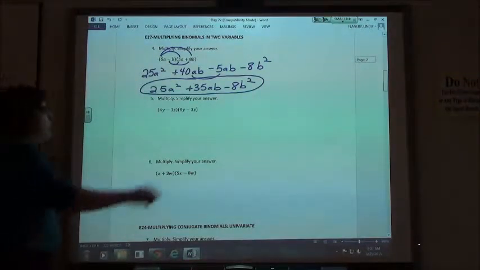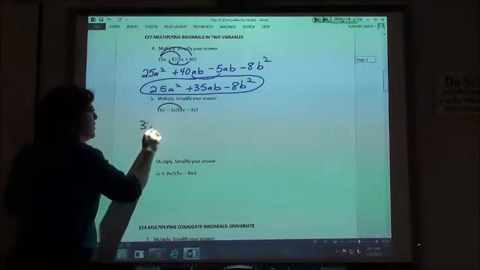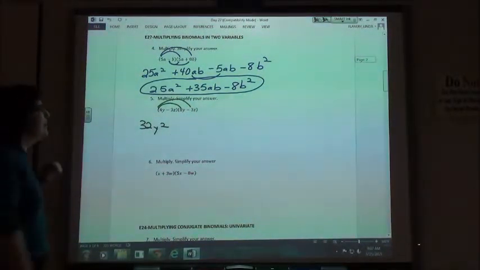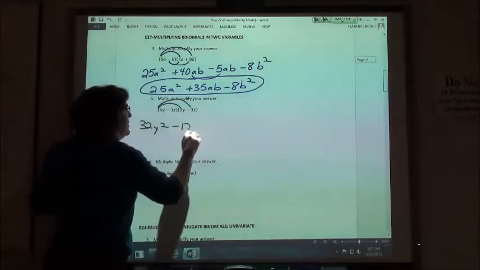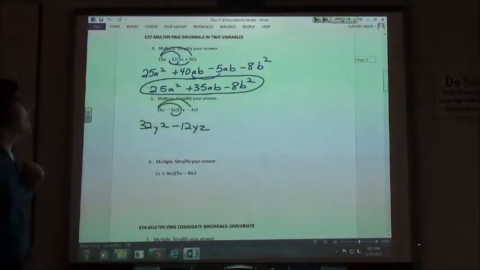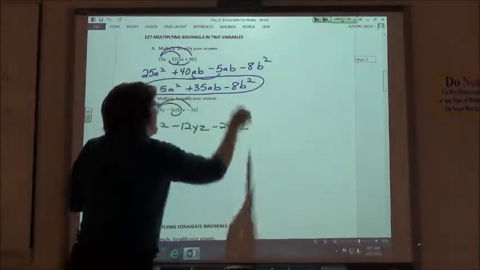Number 5 then, if we multiply 4y times 8y, 32y squared. 4y times negative 3z, minus 12yz. Negative 3z times 8y, negative 24yz.